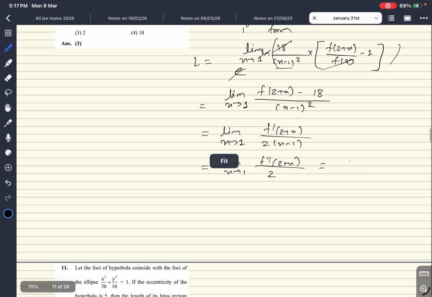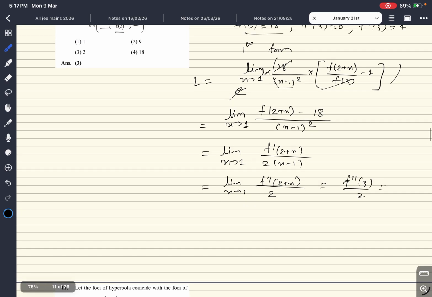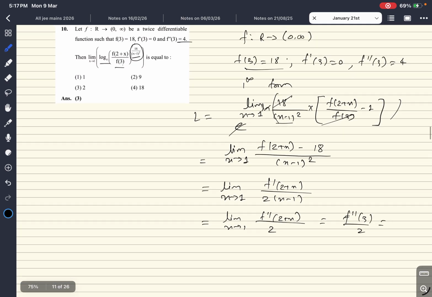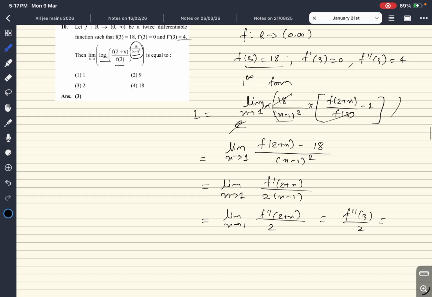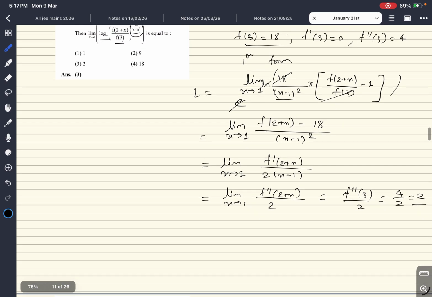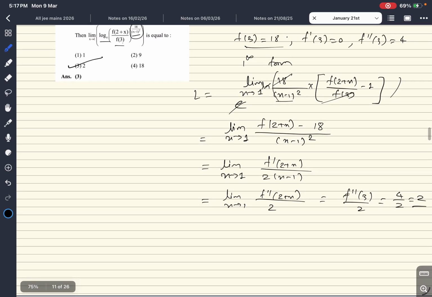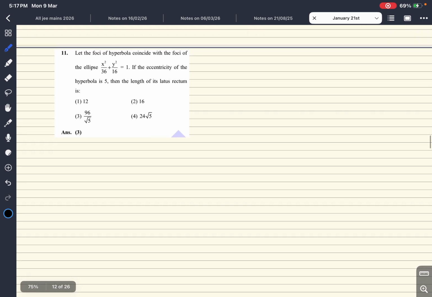So f double dash of 3 divided by 2. f double dash of 3 is given as 4. So the final answer becomes 4 by 2, which is 2. Which option is correct? Option number 3 is correct. Correct. So next, question number 11.